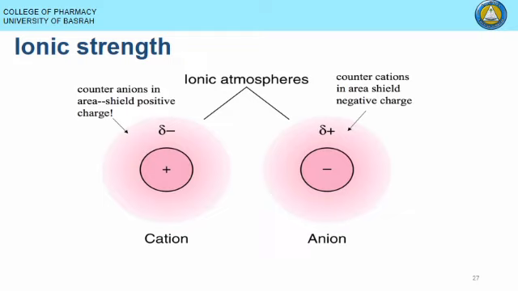It's going to accumulate surrounding the Na. And the H, which is the partially positive part, is going to accumulate surrounding the negative chloride. And this forms what is called the ionic atmosphere. It is like a shield surrounding each one of the cation and the anion. The best descriptor for that shield is called the ionic strength.